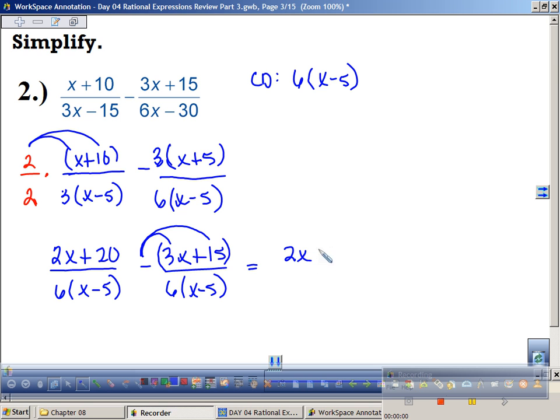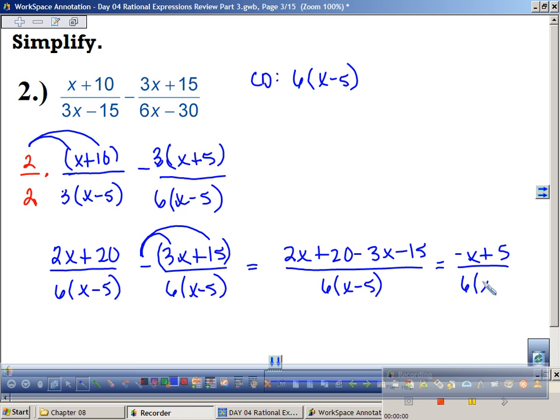So I have 2x plus 20 minus 3x minus 15 all over 6 times x minus 5 equals 2x minus 3x is negative x plus 5 all over 6 times x minus 5.